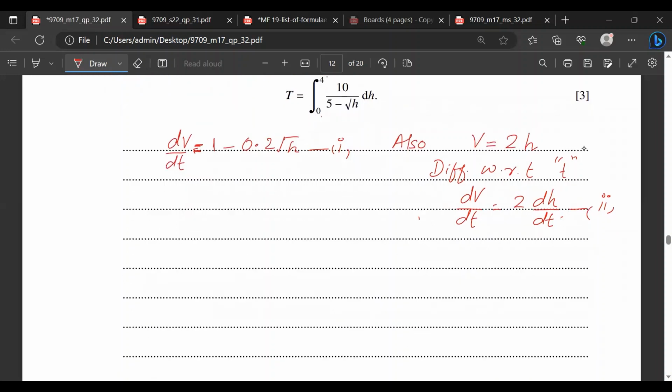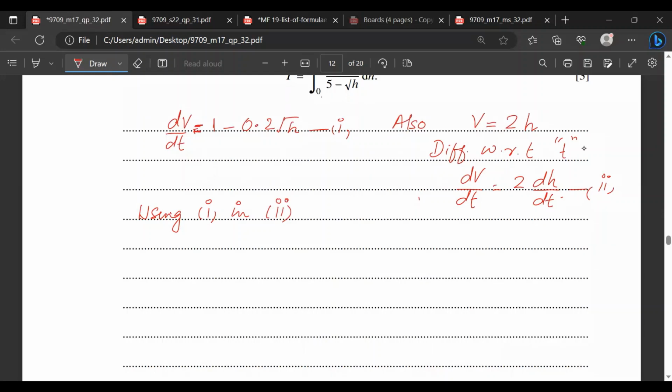From 1 and 2, you can combine them. So 2 dh over dt is equal to 1 minus 0.2 root h.